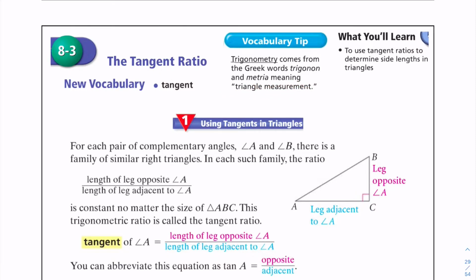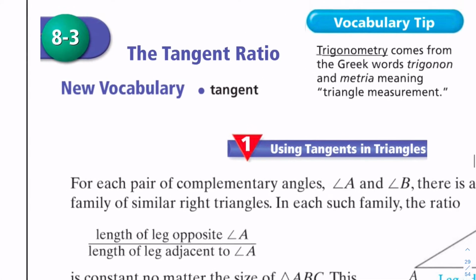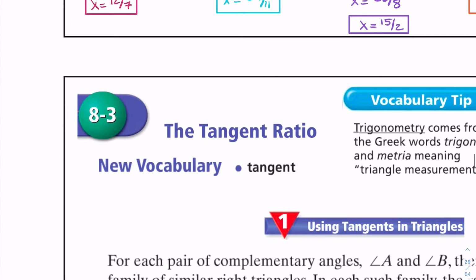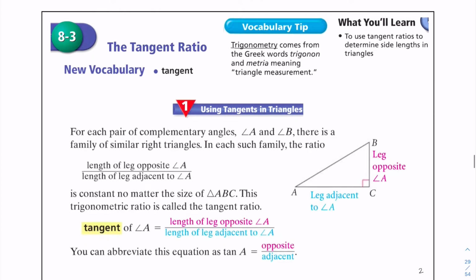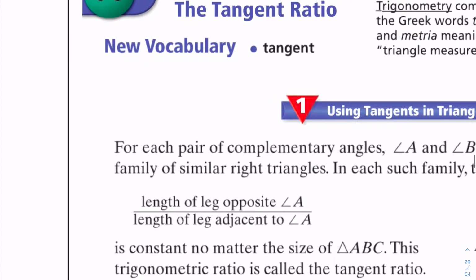Okay, so we're going to focus on 3 different kinds. The first one we'll focus in on today is tangent, but there are also 2 other ones, which are sine and cosine.